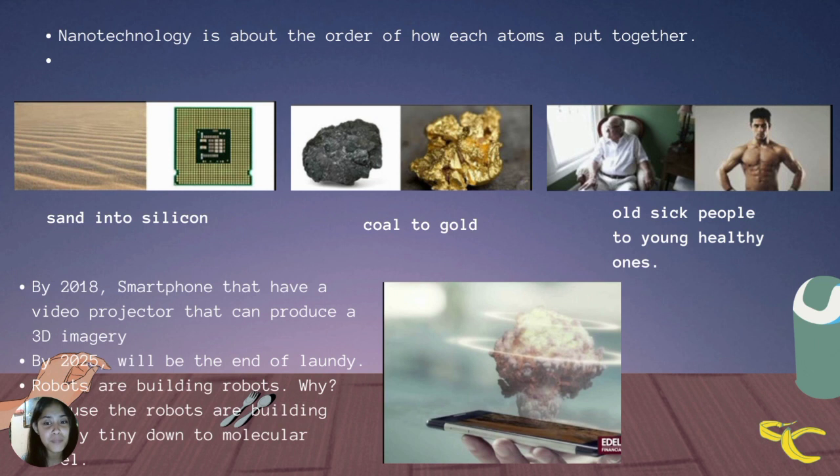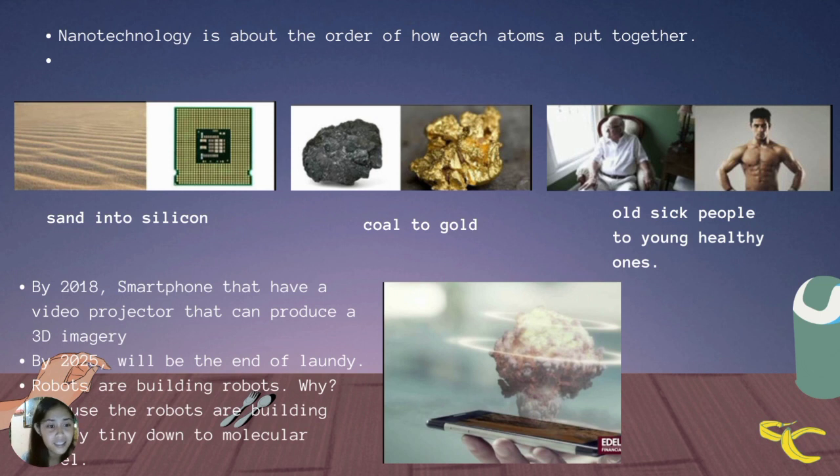So, old sick people to young healthy ones. Imagine you are already sick and old, but with the application of nanotechnology, you can be turned into a young healthy one. How amazing technology is.